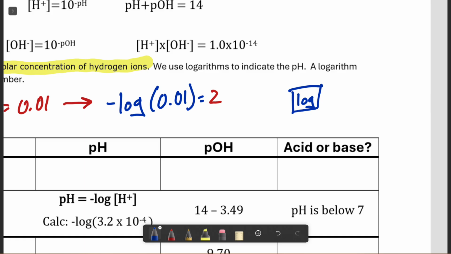When you press that, it should hopefully give you log in parentheses. So go ahead and type in 0.01 in parentheses. It should give you -2. Now find the negative sign, put negative log 0.01, and that should give you 2. So use your calculator to your advantage.